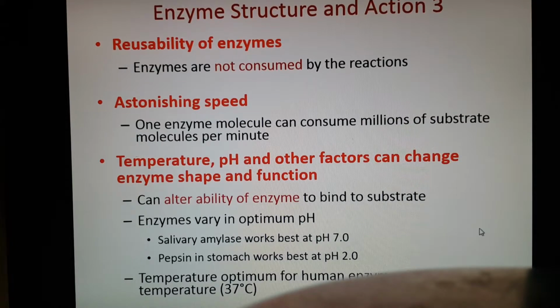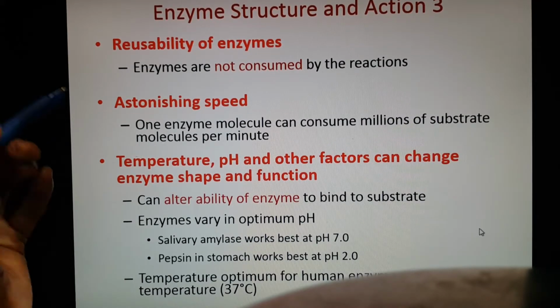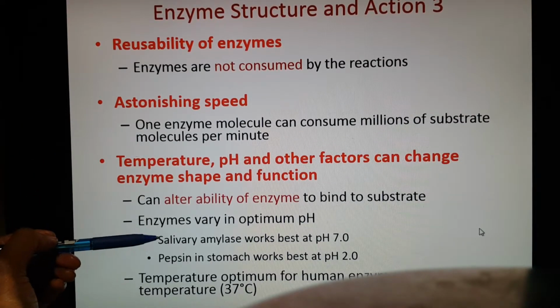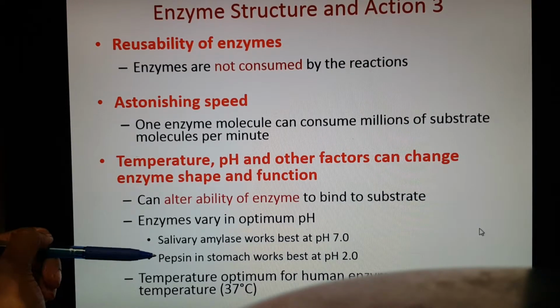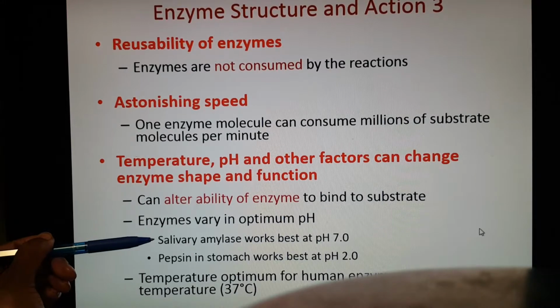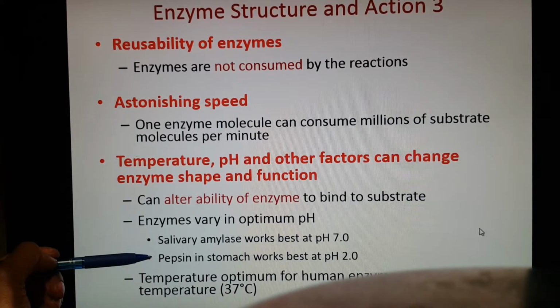For example, when you swallow some of that salivary amylase, which is in your spit, and it reaches your stomach, it's no longer going to be able to work because it's at the wrong pH.